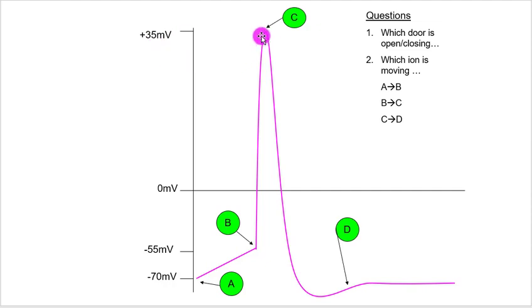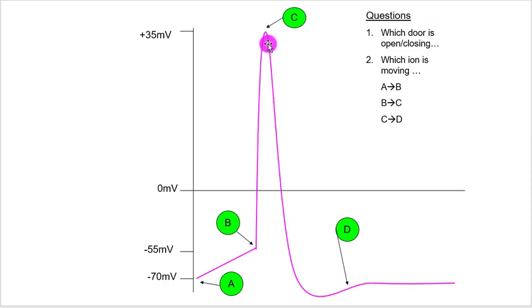Now from there, what we're going to see is that those sodium doors will now close. The chemically gated sodium doors will close, the voltage-gated sodium doors will close, and when that happens, I also am going to see opening of voltage-gated potassium doors. So when voltage-gated potassium doors open, I now start to repolarize because potassium now starts leaking out, going from in to out, making me more and more negative.